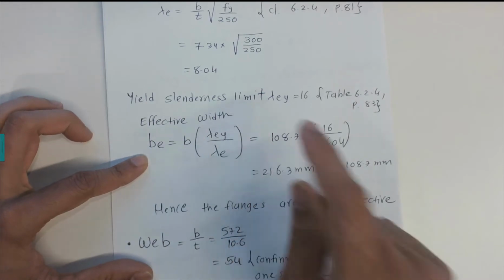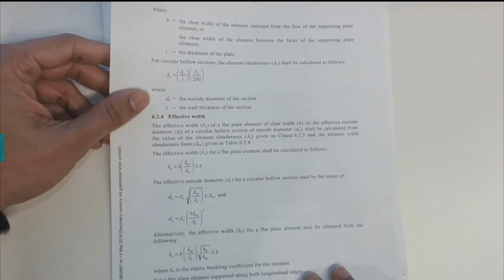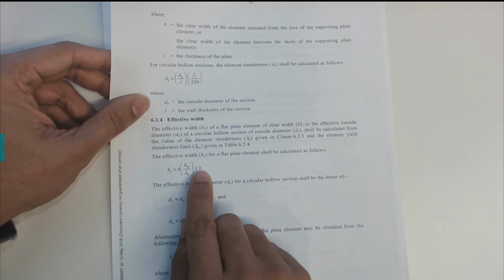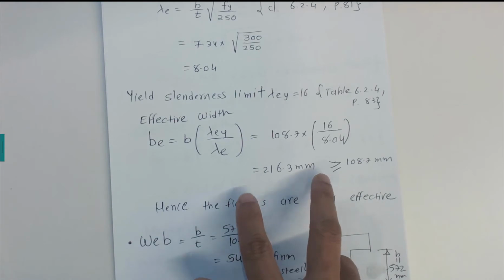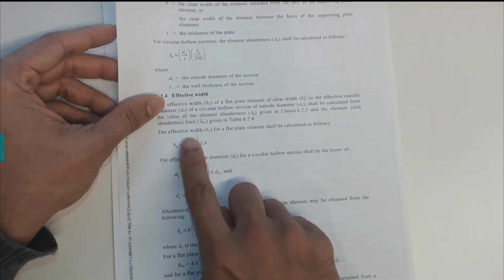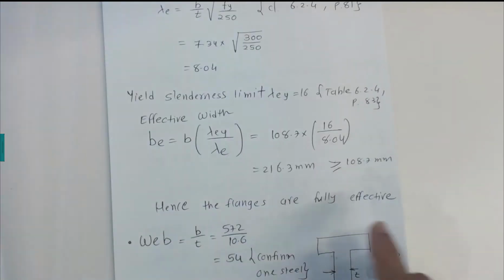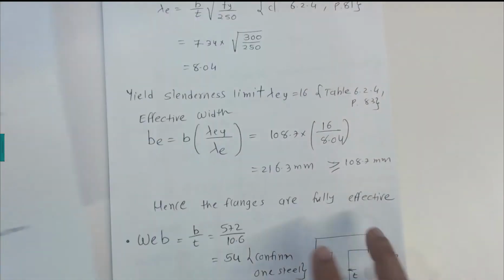Now we can find the effective width. We need to check this relationship: if the effective width is less than b, then the form factor needs to be considered and the flange is going to buckle. But if the effective width, be, is greater than b, this condition is not correct, and then the flange is fully effective.